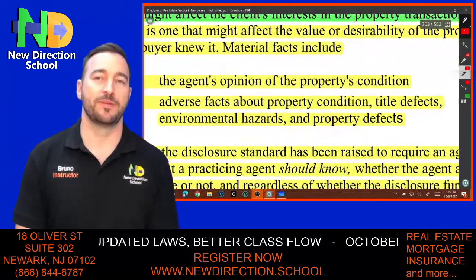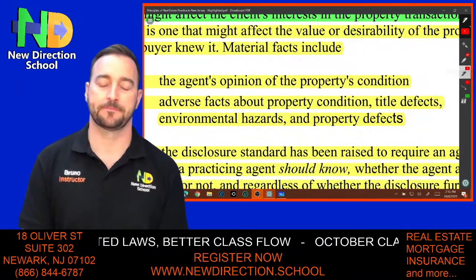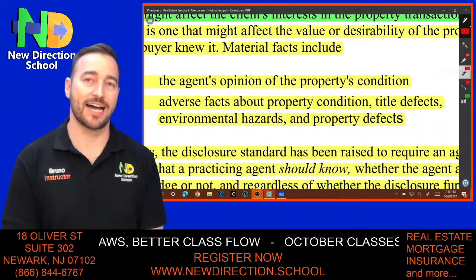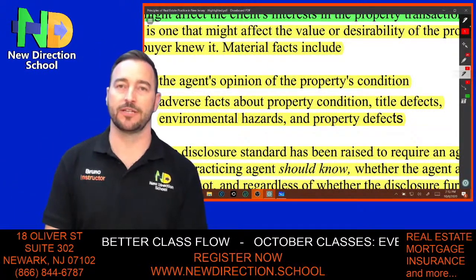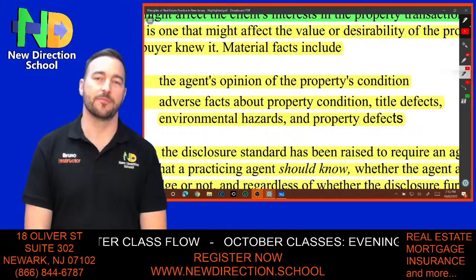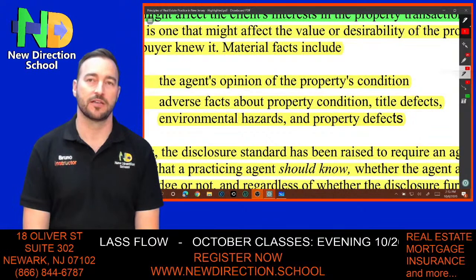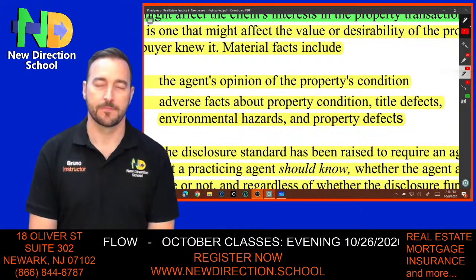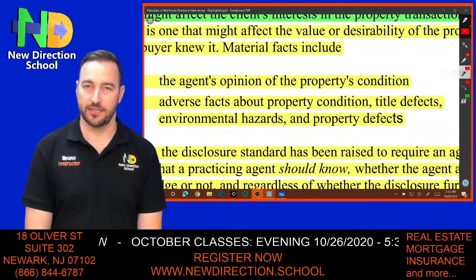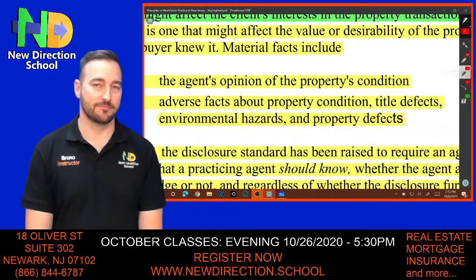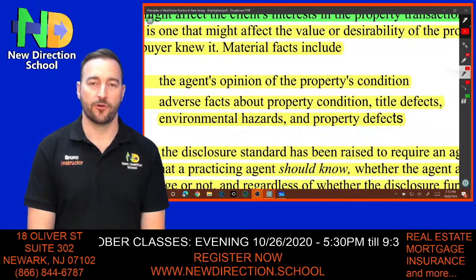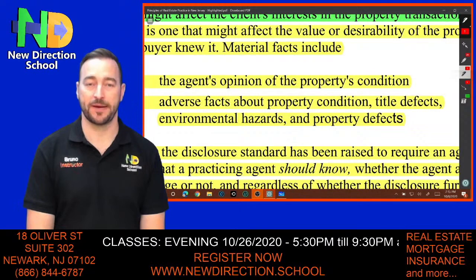Material facts include the agent's opinion of the property's condition, and adverse facts about the property's condition, like title defects, environmental hazards, and property defects. Again, if you have an opinion that something might be off, voice your opinion so it gets inspected.